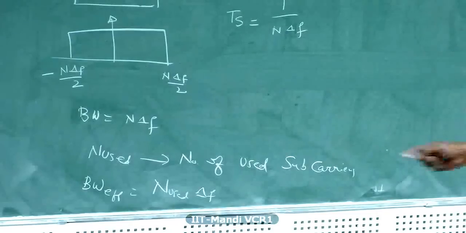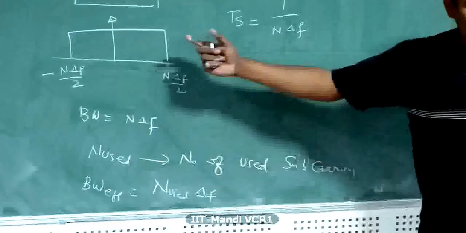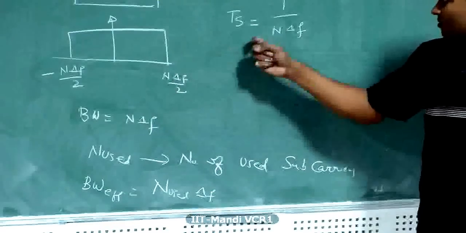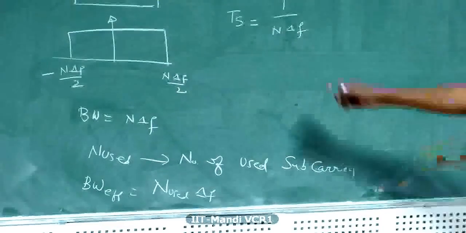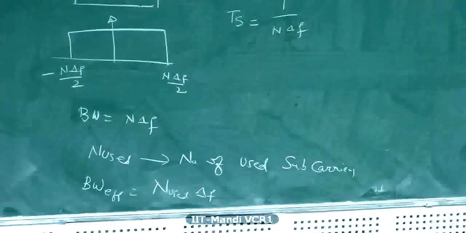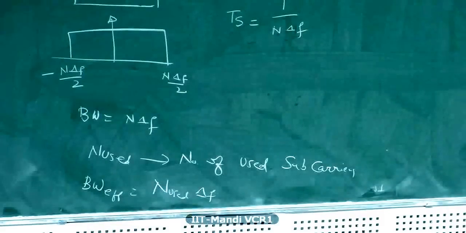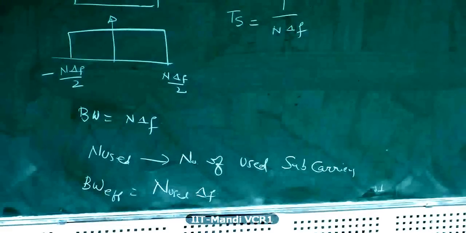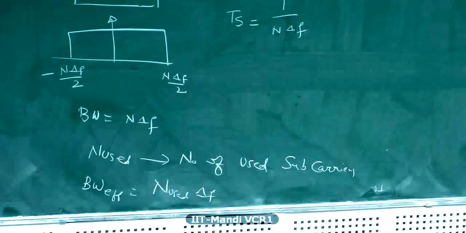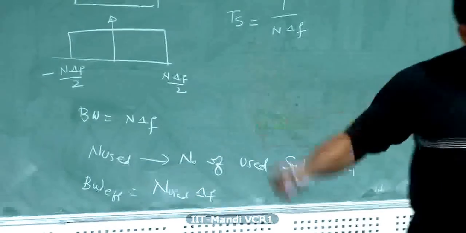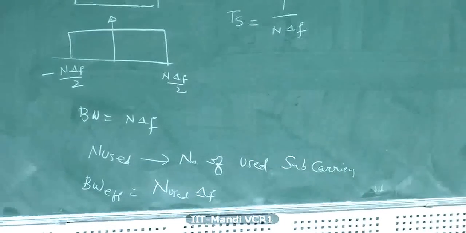Your bandwidth is actually less, but you are operating at a rate 1 over Ts. Does it make sense? So you incorporated oversampling into the system. There is a reason for doing this. We'll discuss this when we discuss the 4G standard.